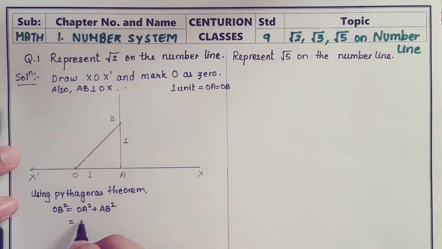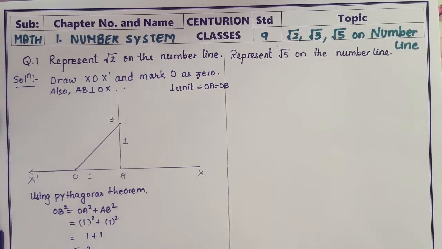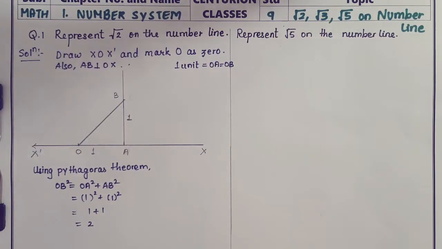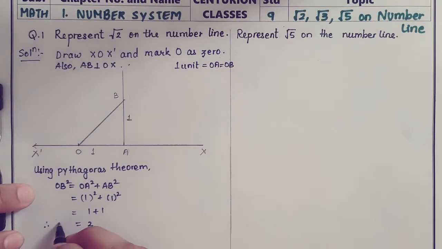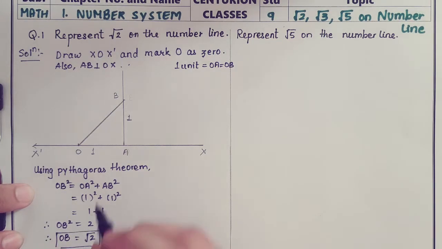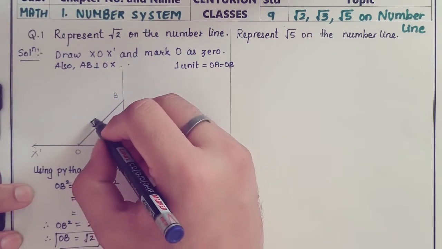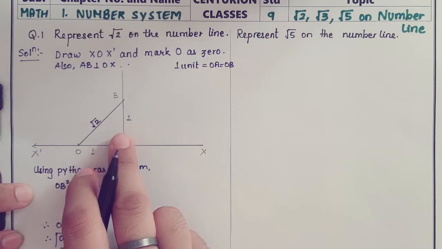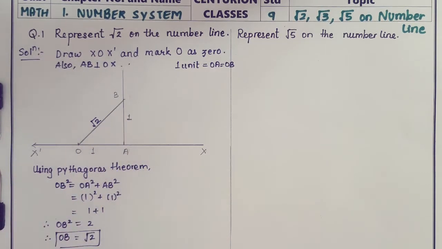So what is my OA? 1 square plus 1 square. So this will be 1 plus 1, which is 2. Therefore OB square equals 2. Therefore OB will be under root 2. Okay, so this OB is under root 2, and this is what we want. Now we need to represent this under root 2 on the number line.